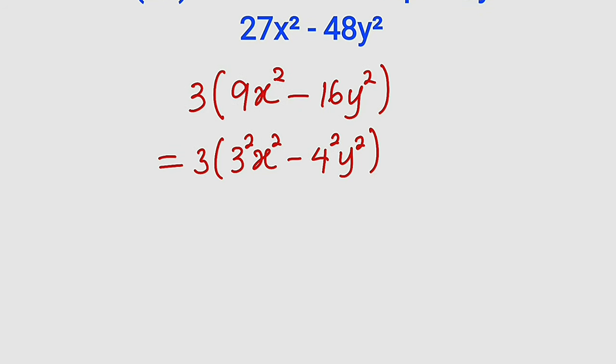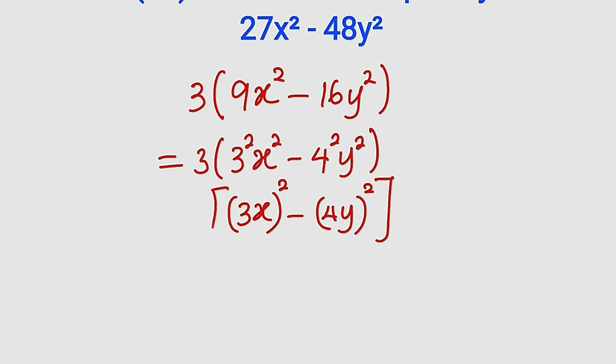According to one of the laws of indices, since we have common exponents, we can join the two values together and assign them a single exponent. So instead of 3 squared x squared, we can write it as (3x) whole squared. The minus, we do the same thing here, (4y) whole squared. But remember, we have 3 outside waiting to multiply.